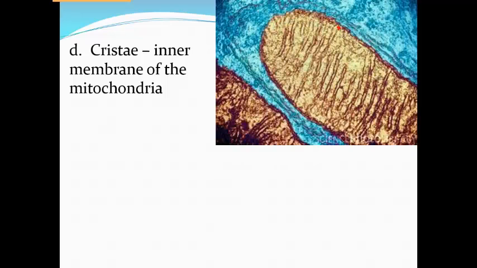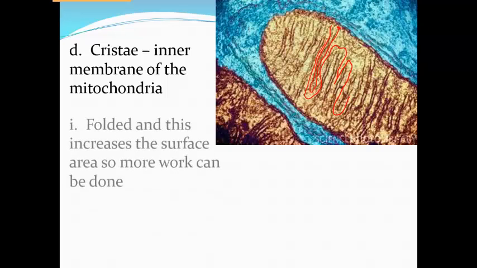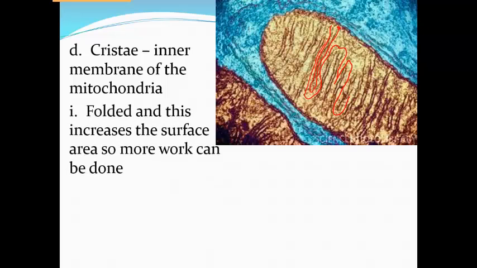It actually starts from the wall and they come inward. And so for something to travel in here, it has to really weave back and forth to get through the inside of your mitochondria. And the cristae, because of how much they stick out, the folds that they have increase the surface area where work can happen, and so by increasing the surface area, you can actually provide more energy than if all of those walls were gone.